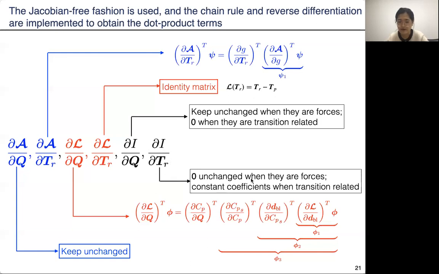For this term, when the objective function or constraint is related to the force coefficients, it is a zero vector. But when they are transition related, it is a vector consisting of constant coefficients. For the Jacobian matrix, we used the Jacobian-free function, the chain rule and the reverse AD code, which would save the memory usage and be accurate and efficient.